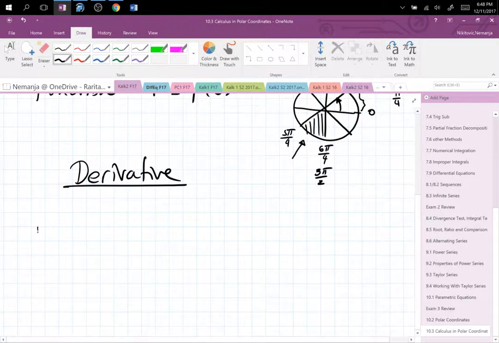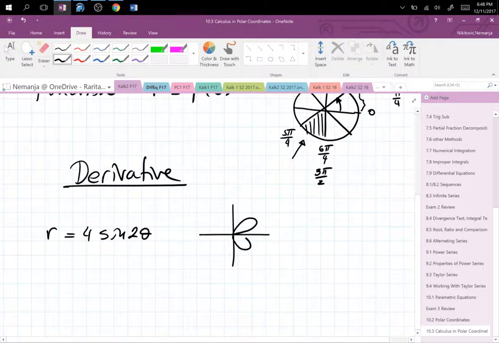I believe we did r equals 4 sine theta, no, 4 sine 2 theta, and that gave us a flower, like this. That was number 4 right there, and that was number 4 over here. So that gave us a flower.